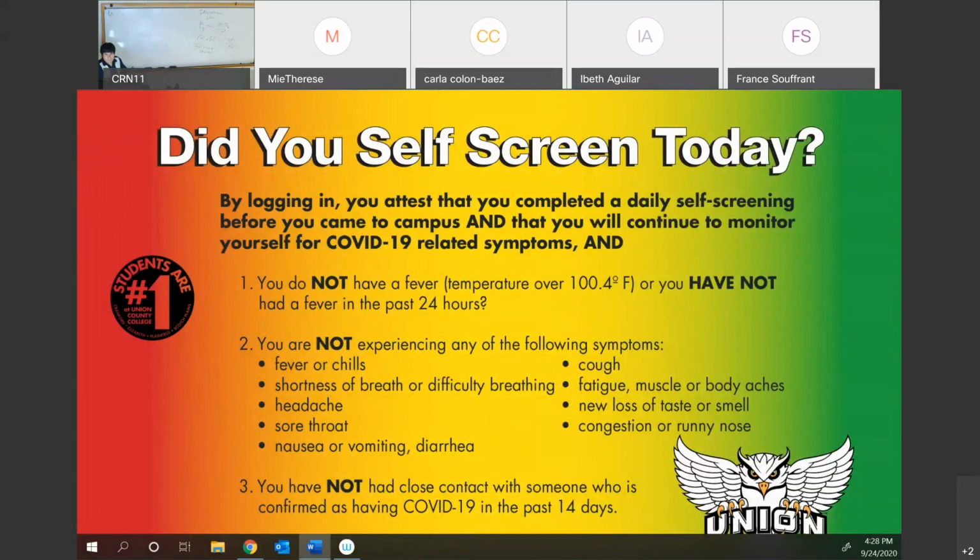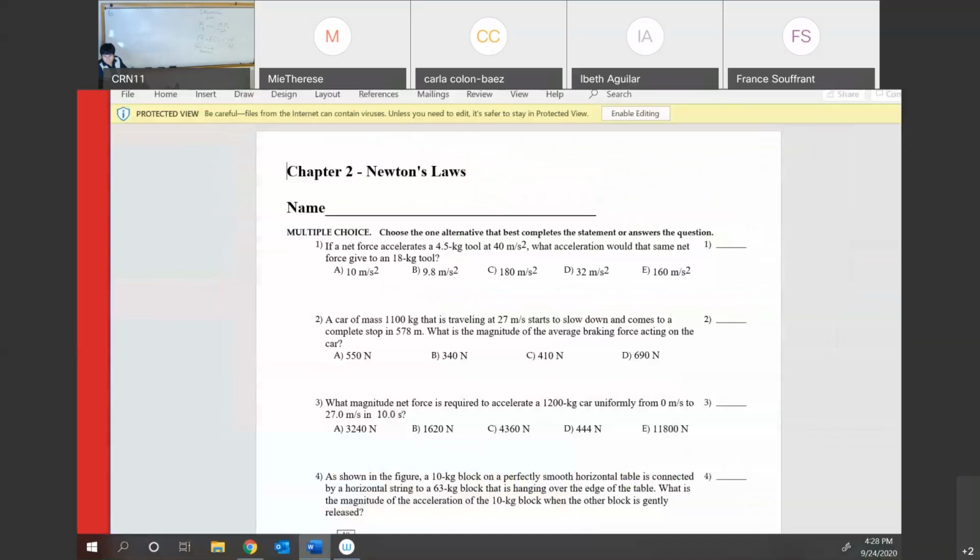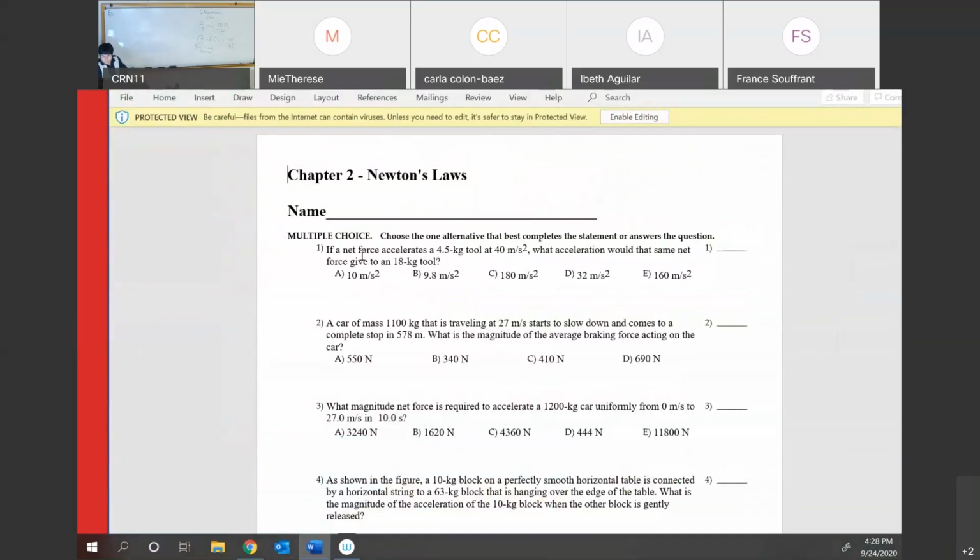Let's give you a few ideas of how to do this. If a net force accelerates a mass at 40 meters per second squared, what should be the acceleration for a mass of 80? Okay, so the same force, right? Find the force, and then use that force to find the acceleration of this mass. Nothing difficult there.